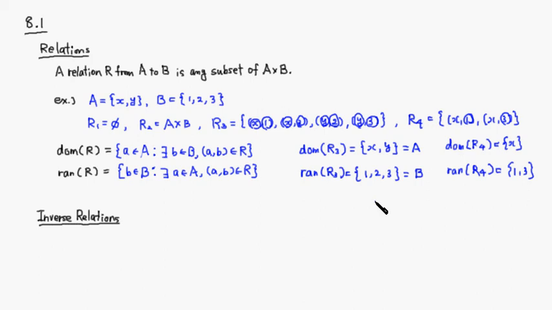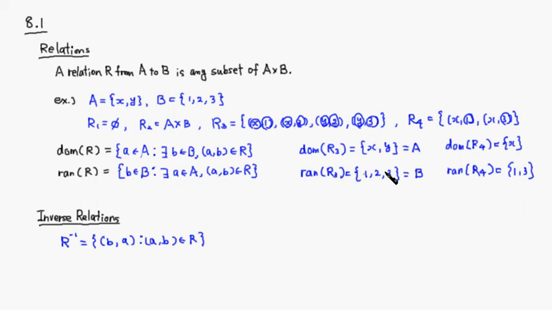next topic is inverse relations. An inverse relation is basically switching the first element and the second element. So R inverse is equal to just the collection of ordered pairs (b, a) such that (a, b) is in the original relation, right?